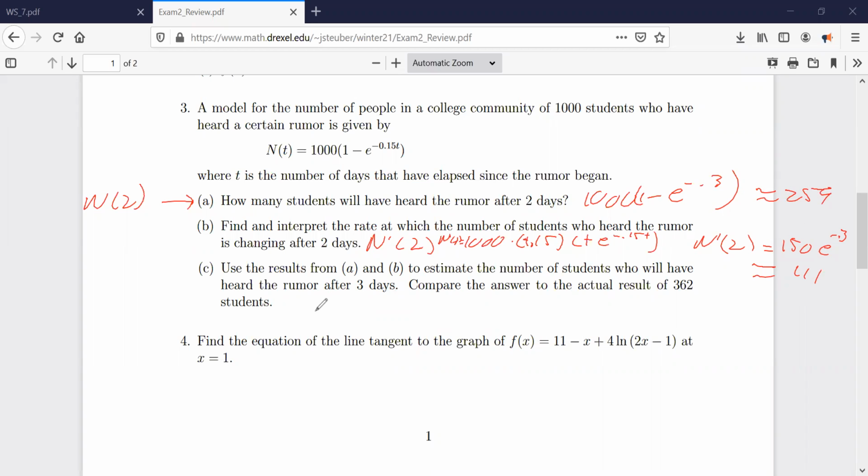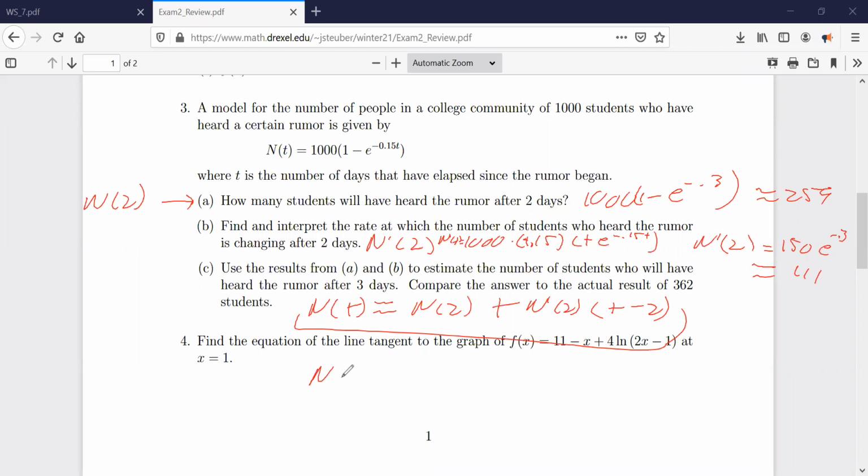So this is saying that n of t is going to be roughly equal to n of 2 plus n prime of 2 times t minus 2. So this is the line that we use to approximate it.